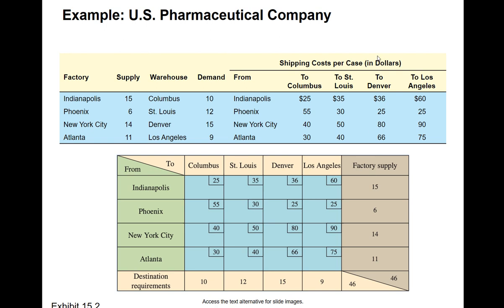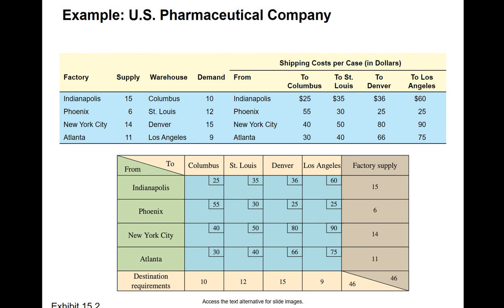The last right column stands for the capacity of the supplies: Indianapolis has 15, Phoenix has 6, New York City has 14, and Atlanta has 11. The total supply is equal to the total demand. So how do we solve this problem?